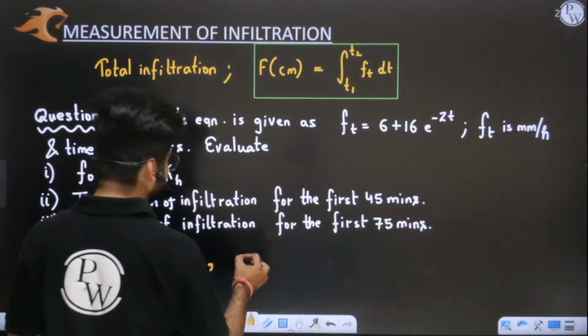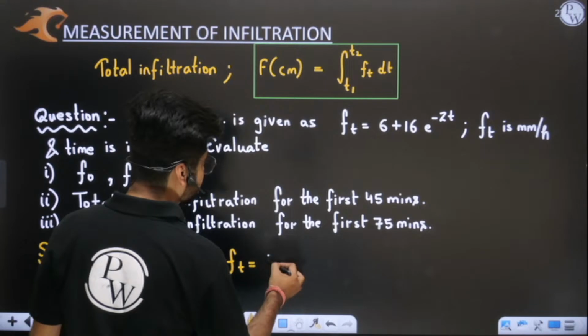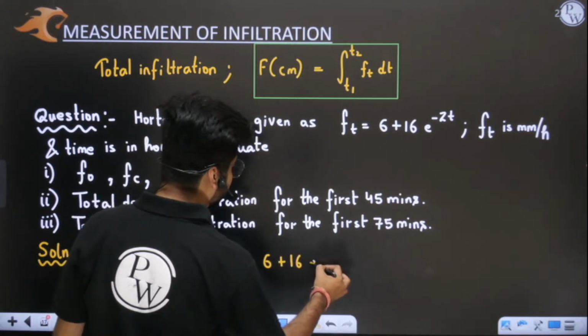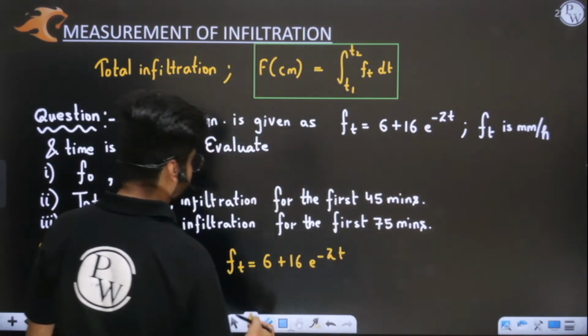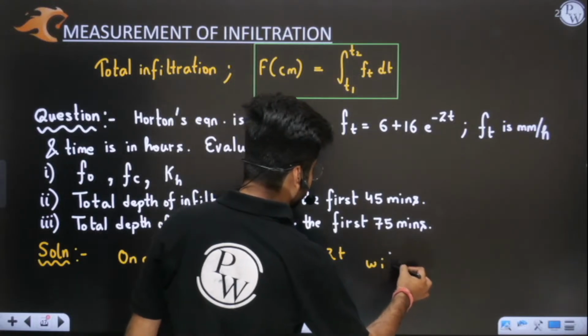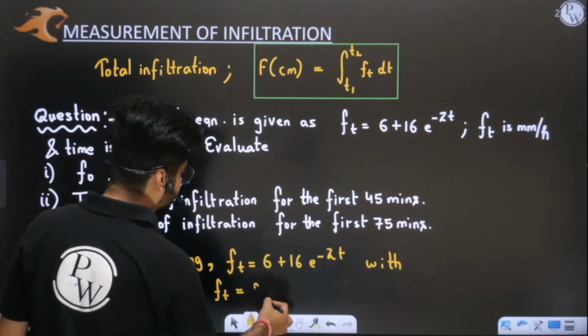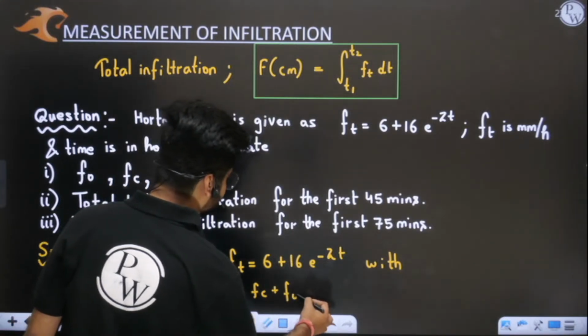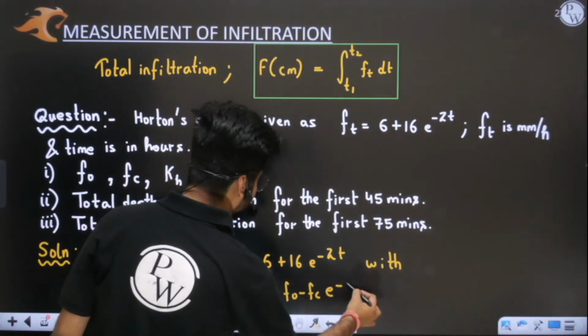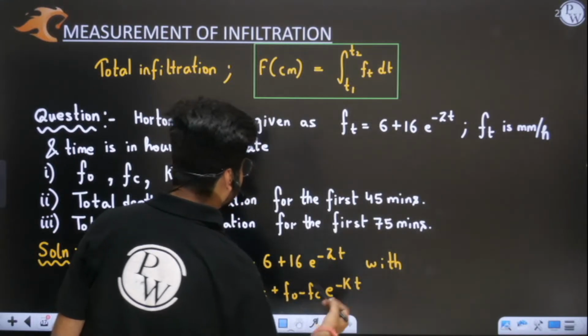On comparing this equation, Ft equals 6 plus 16 e power minus 2t, with Ft equals Fc plus (F naught minus Fc) e power minus kht.